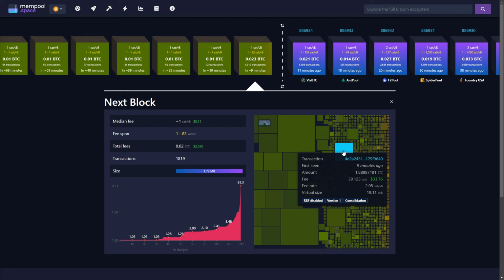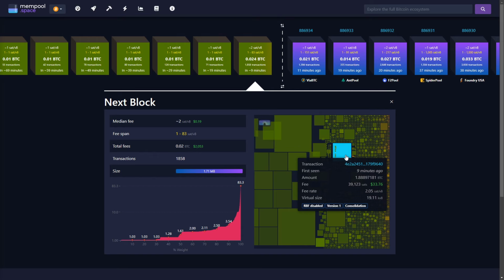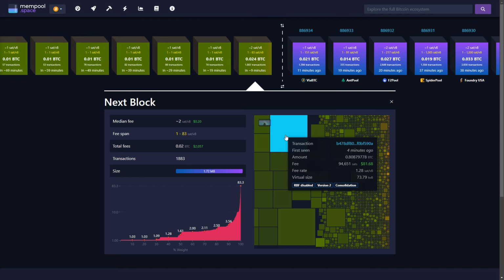The reason why it costs more for this transaction to be confirmed is because it is a larger transaction. You can see the size of each transaction is displayed by how large the specific block is.